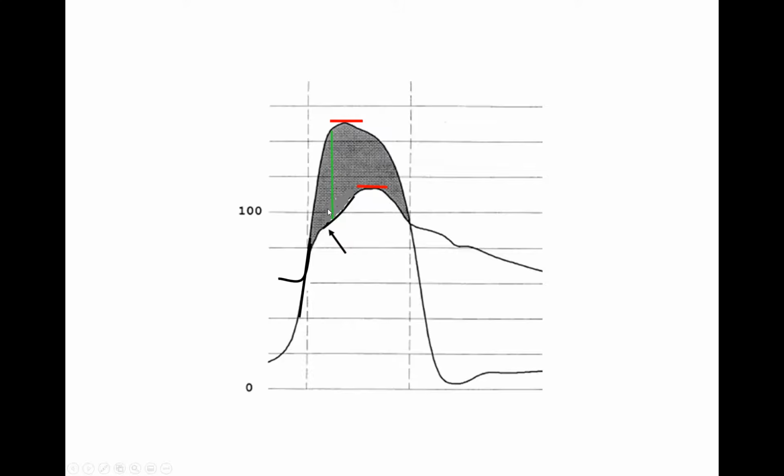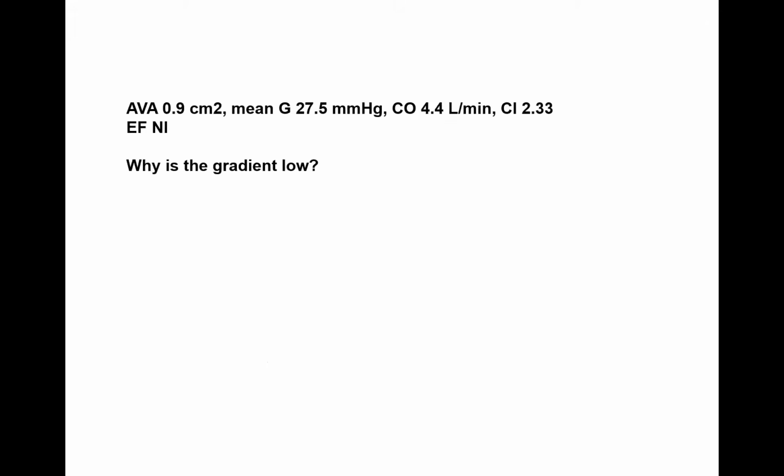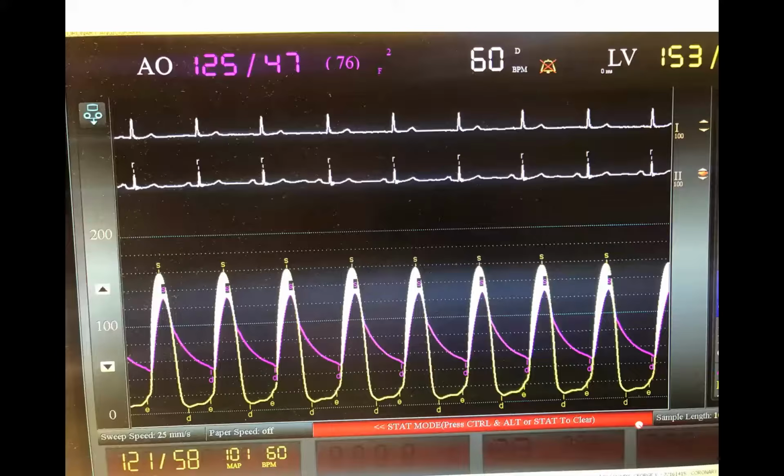The mean gradient is about 2/3 of the peak instantaneous gradient, 2/3 to 70%. Good answer. How about the peak-to-peak gradient compared to the mean gradient? Similar, exactly, very good answer. They are almost similar. Keep that in mind. So peak-to-peak is not peak instantaneous, it's different. Peak-to-peak is almost equal to the mean gradient.